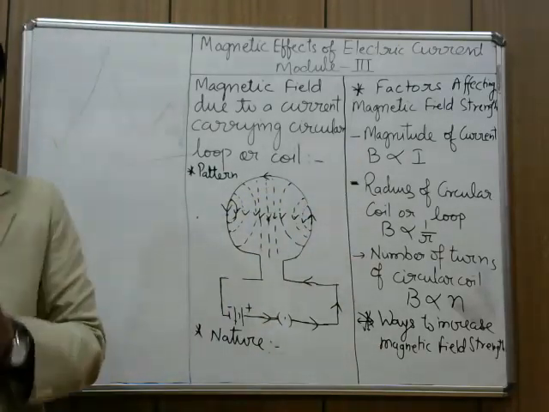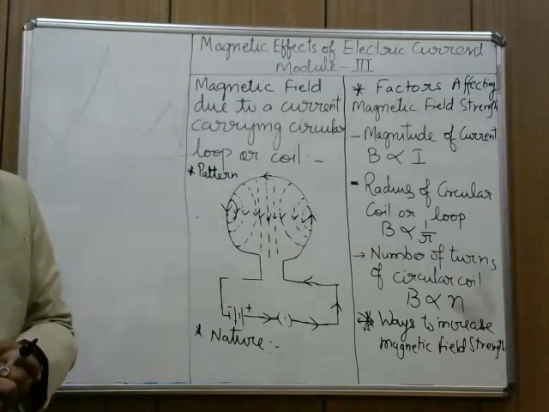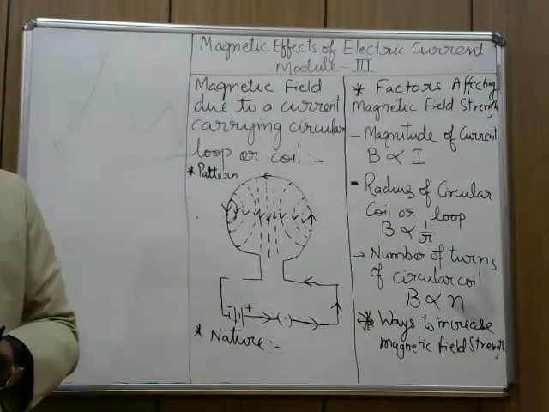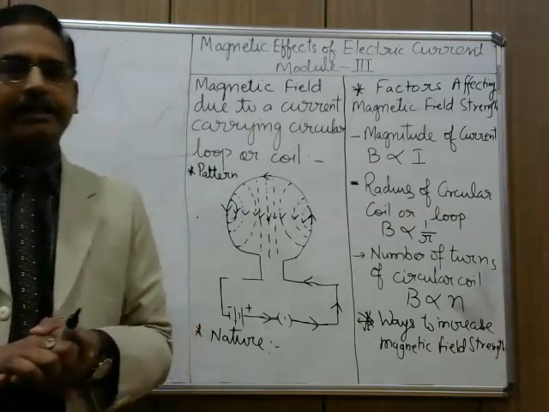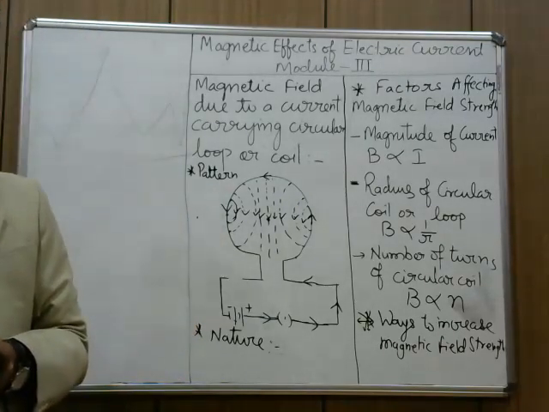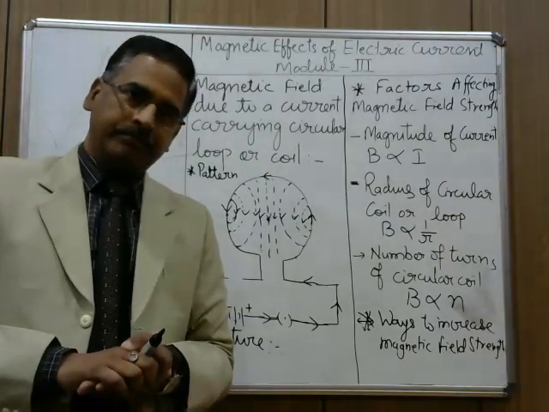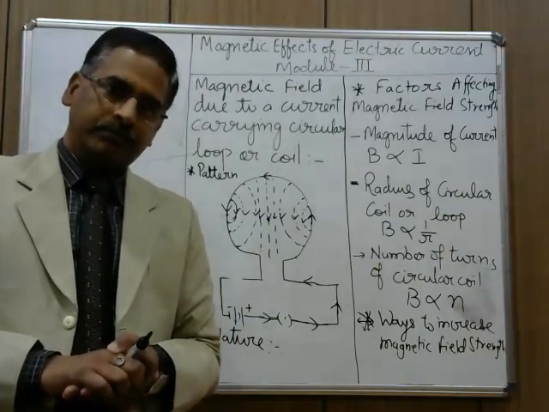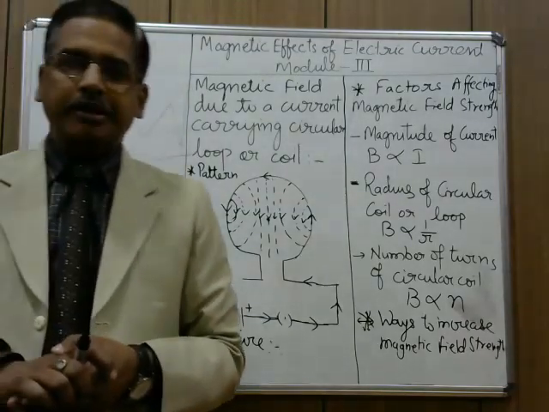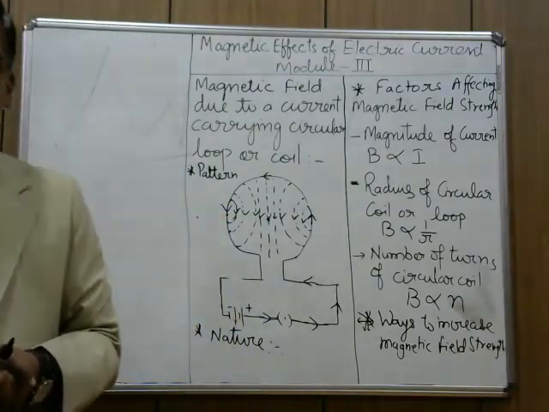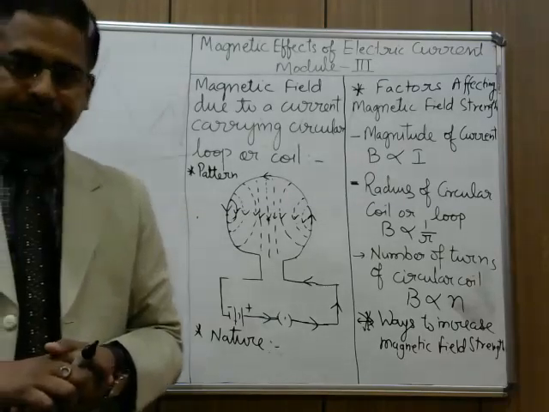So to increase the strength of magnetic field at a point or at the center of circular loop, either we can increase the current or increase the number of turns. So these are the two methods to increase the magnetic field strength produced by a circular coil.